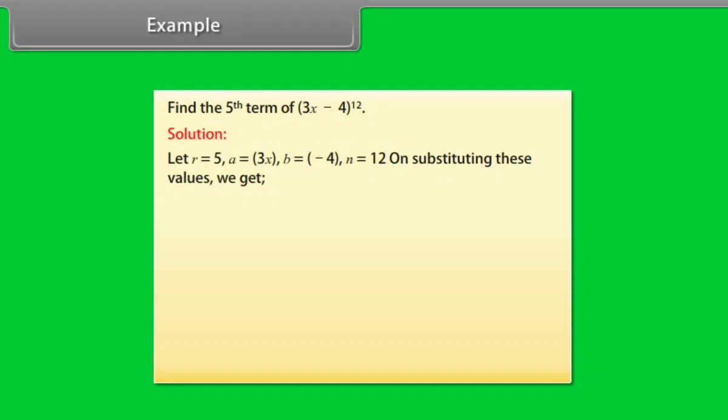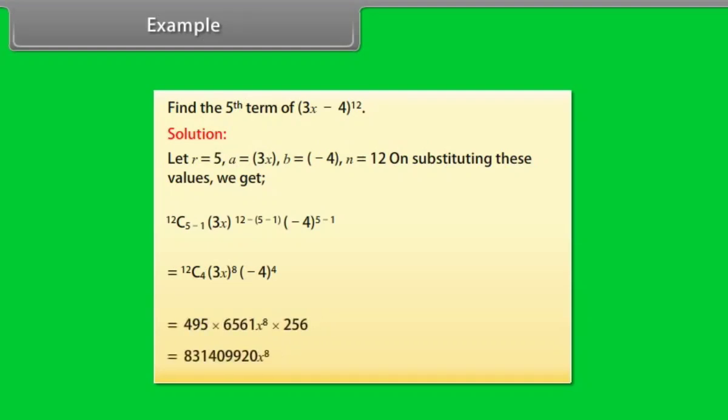On substituting these values, we get 12C(5-1) into (3x) raised to the power 12 minus (5-1) into (-4) raised to the power 5 minus 1, which gives 31409920 into x raised to power 8.